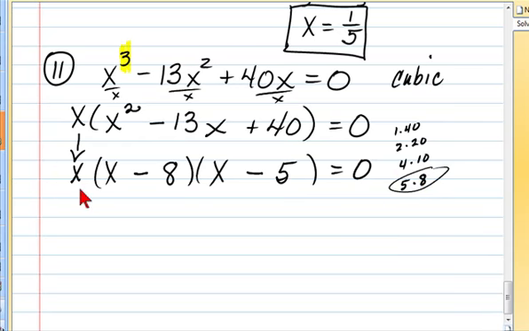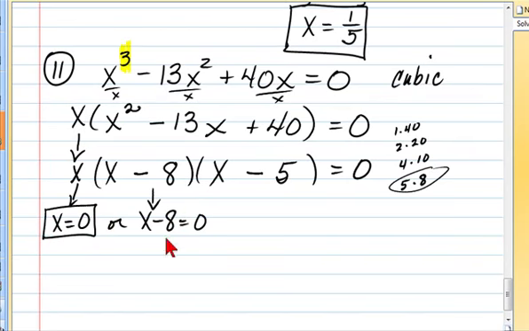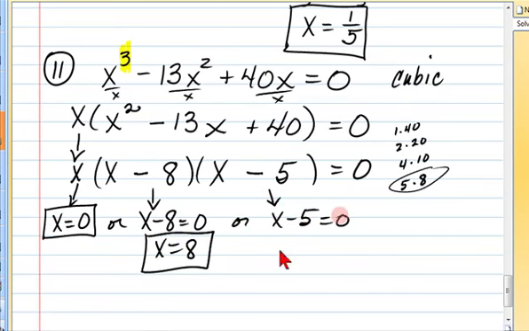All right, the zero factor property. Can x equal 0? Yes, it's a variable, so it can. That's an answer. x minus 8 can equal 0, which means x is 8. That's an answer. Or x minus 5 can equal 0, which means x is 5.